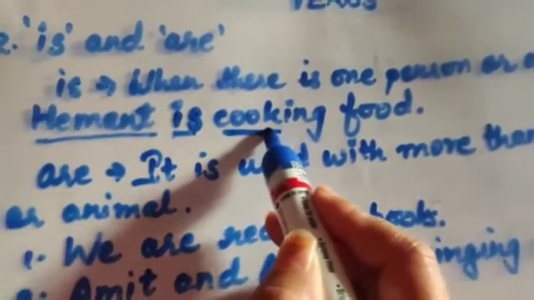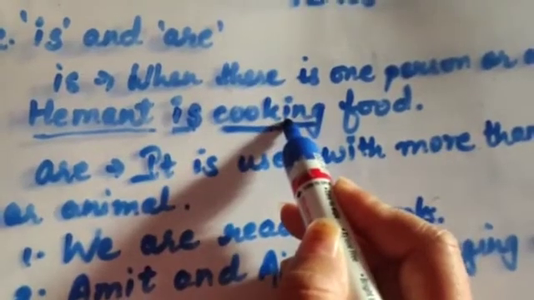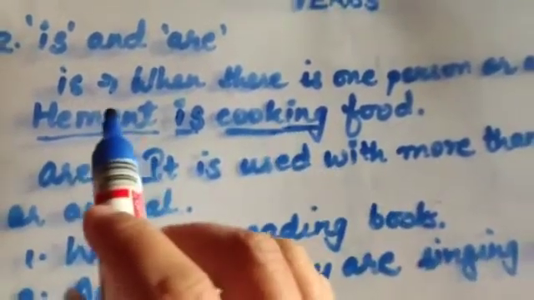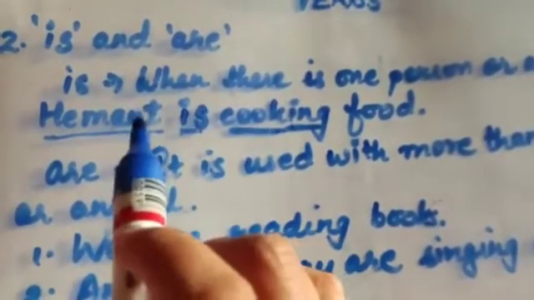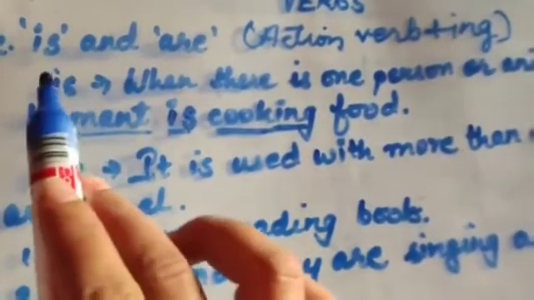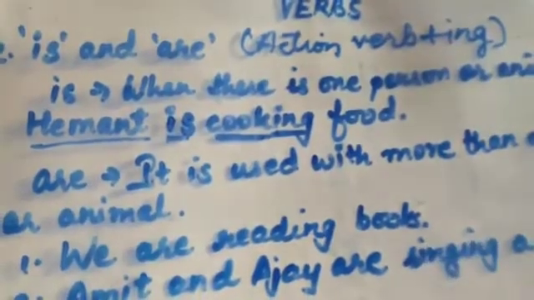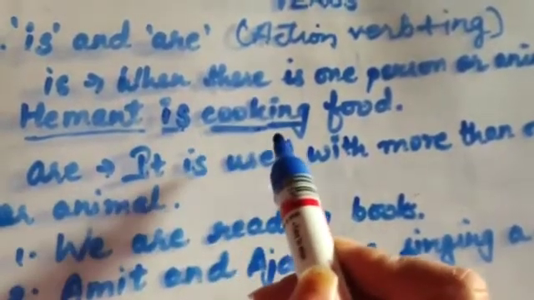Here you can see the action verb is cook, and what we have added with the action verb? ing. Okay, so whenever we use is and are, we will always use the action verb plus ing form. So Hemant is cooking food.